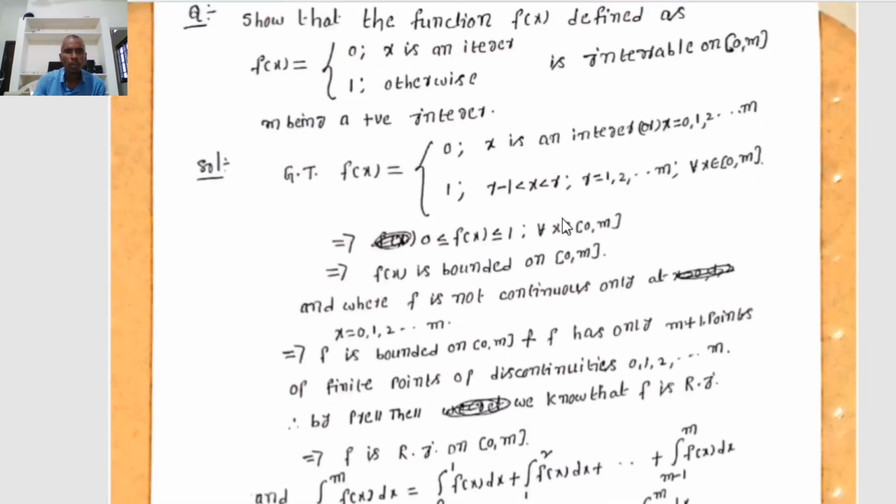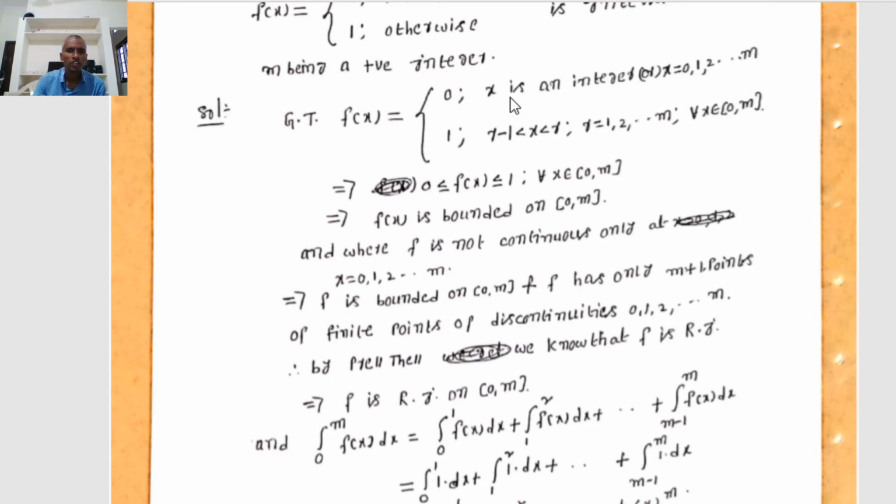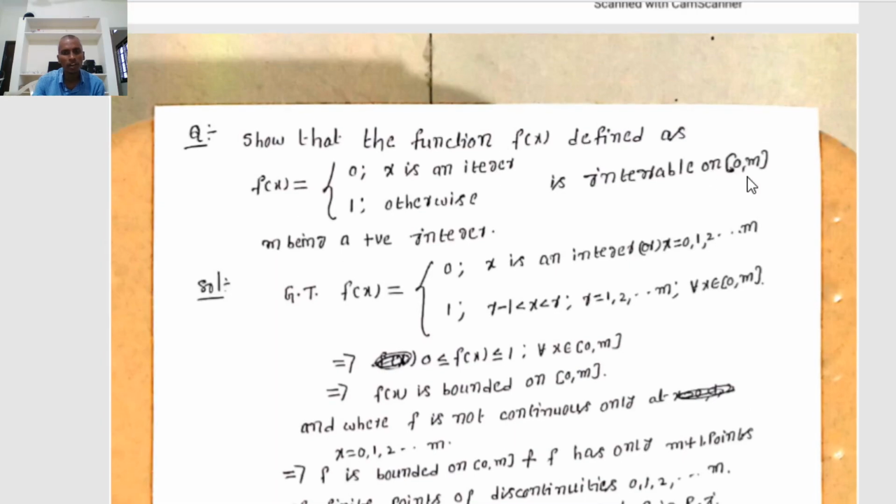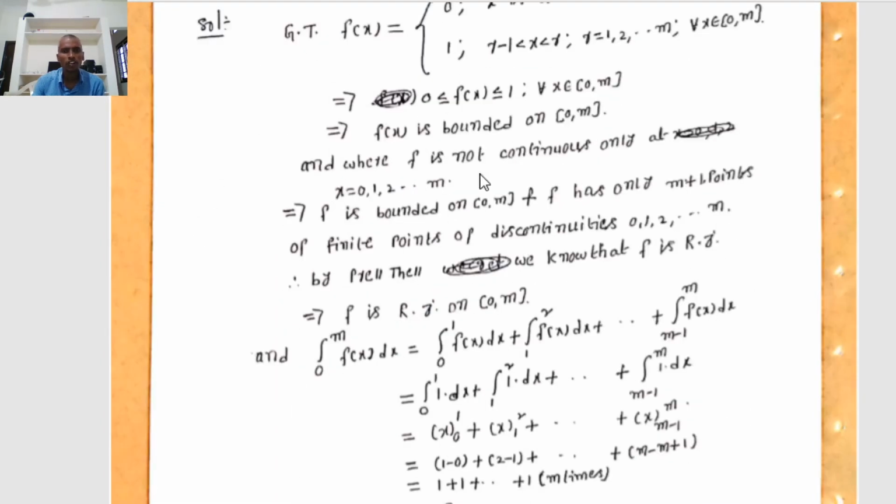And very clearly we observe that the function f(x) is not continuous at any integer belonging to [0, m]. f(x) is not continuous only at integers, only at x equal to 0, 1, 2, 3.